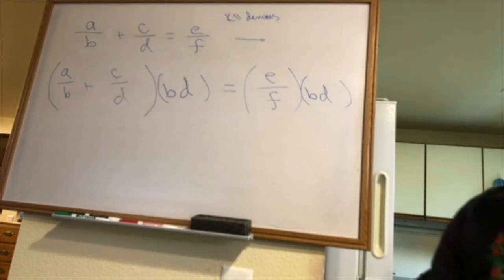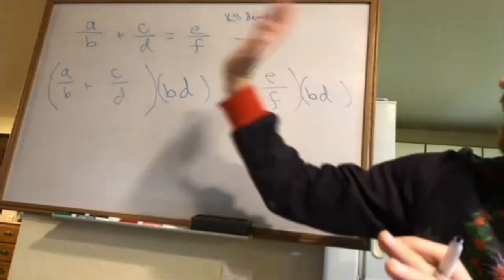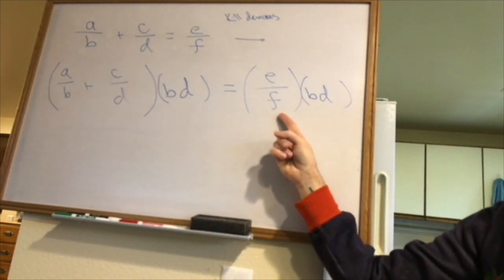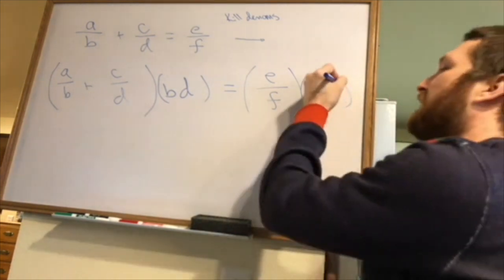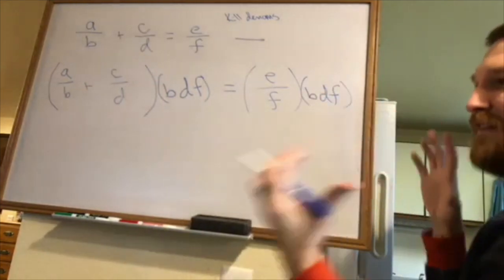Now it's like, okay, if I do that, I will get rid of that guy, I'll get rid of that guy, and I'll have a nice polynomial. How do I get rid of that guy? Multiply it by F. And remember, we're imagining that these are nice factored things.